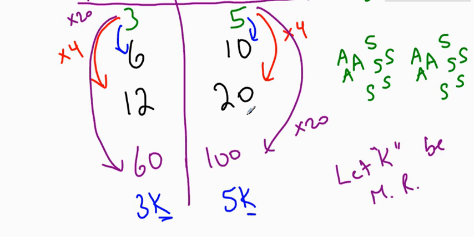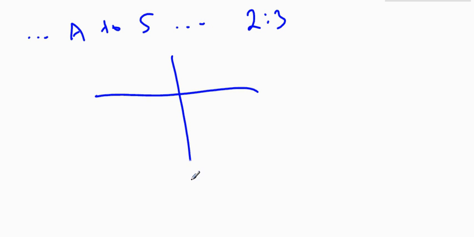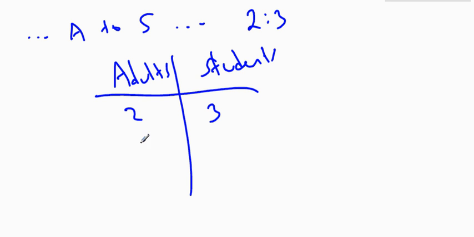Similarly, on the second night, we're told that the ratio of adults to students is 2 to 3. Again, think about what that means. If I have 2 adults, I have 3 students. If I have 4 adults, I have 6. If I have 10 adults, I have 15 students.